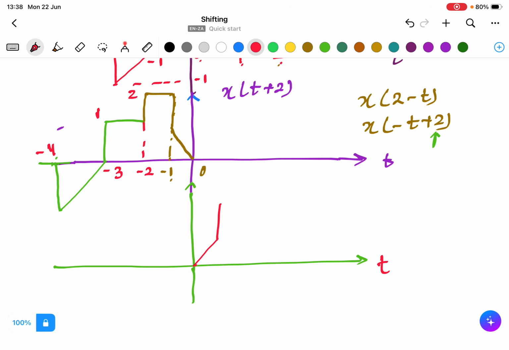Okay, so it will be 0, it will be 1, it will be 2, it will be 3, and from 3 you can see that we are going to 4, and the amplitude here is minus 1, so it will also be minus 1.